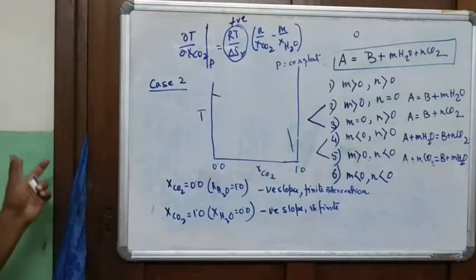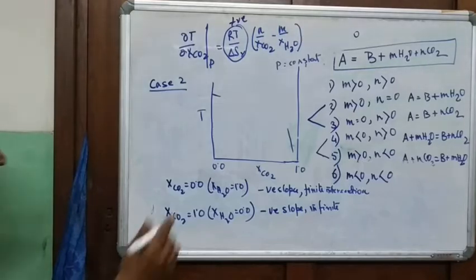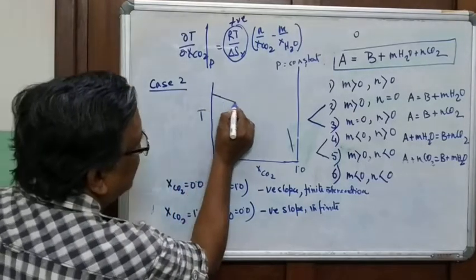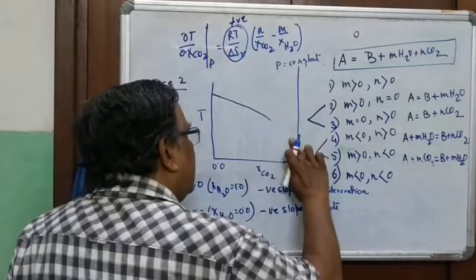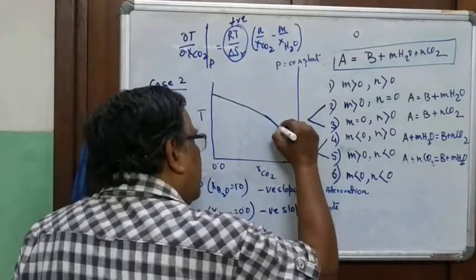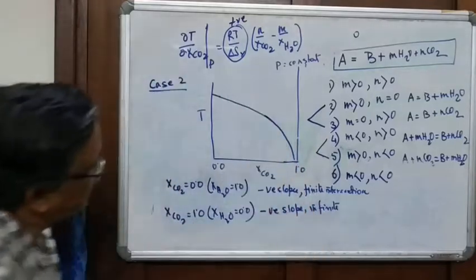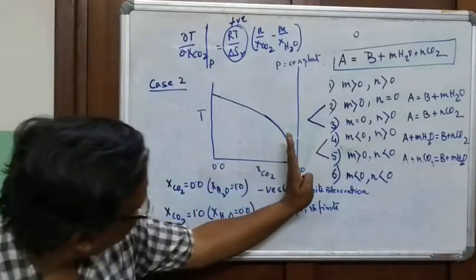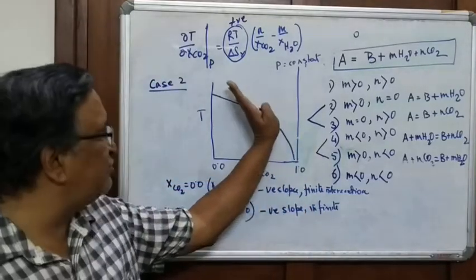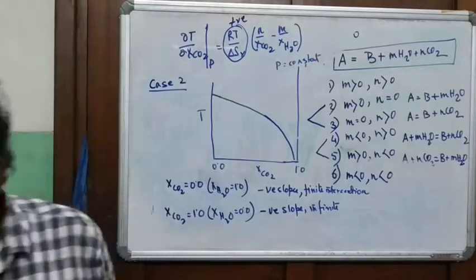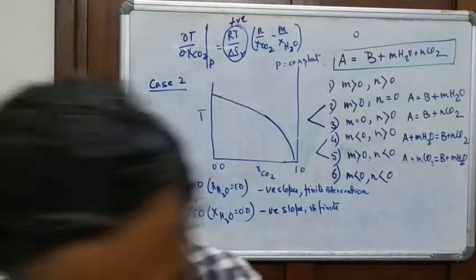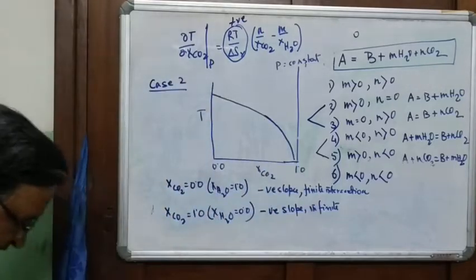So if you now want to reconstruct the graph, it should be something like this: a negative infinite slope here, and this will also be negative, but it will intersect at a finite point. So here, for example, we can take this point.